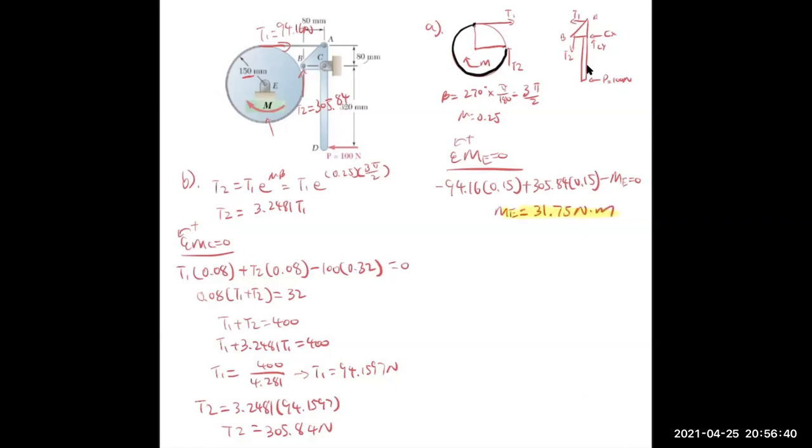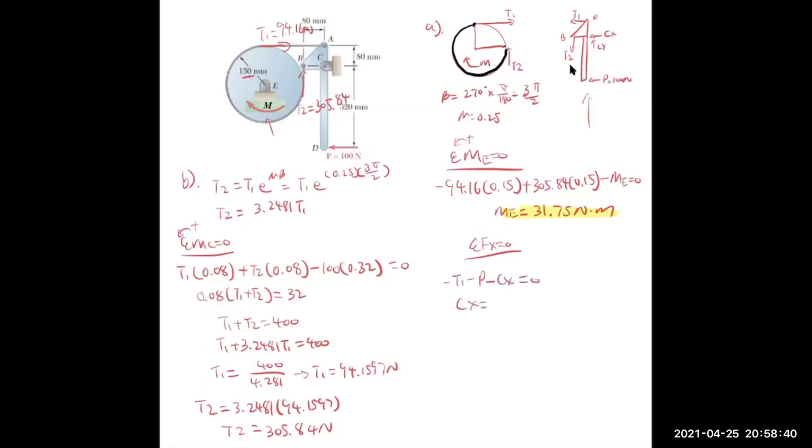And then what we have to do right here is find out what Cx and Cy are. Take a summation of the forces in the x direction and the y direction for this free body diagram. So T1 is going to be negative T1 minus P minus Cx, equal to 0.